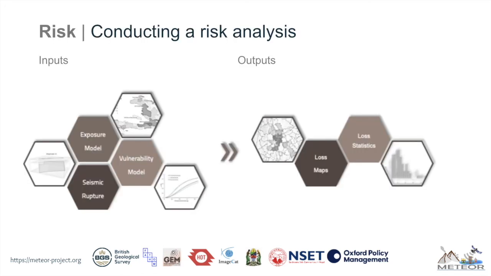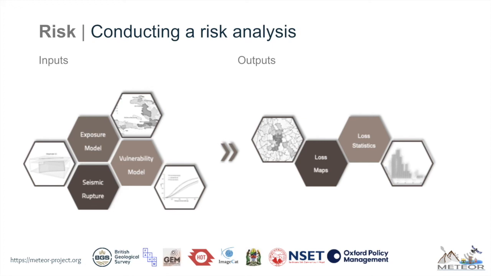Lastly, we get to risk, which comes from the combination of all three components described earlier. Combining all of these components, we can conduct the risk analysis. In this video, we are focusing on deterministic or scenario earthquake risk analyses. On the left-hand side, we have the inputs to our risk model. There is the hazard component, which has the definition of a seismic rupture of interest. Next, there is the exposure model, which has the location and description of the assets that we care about.